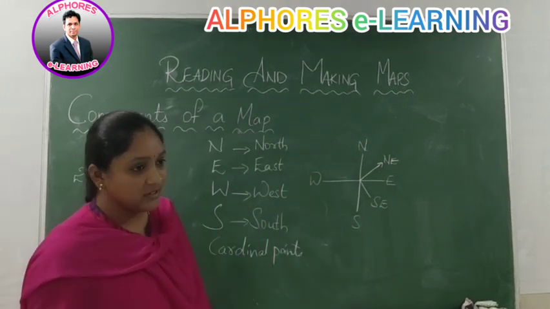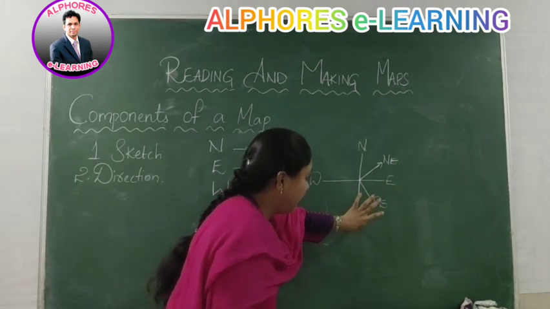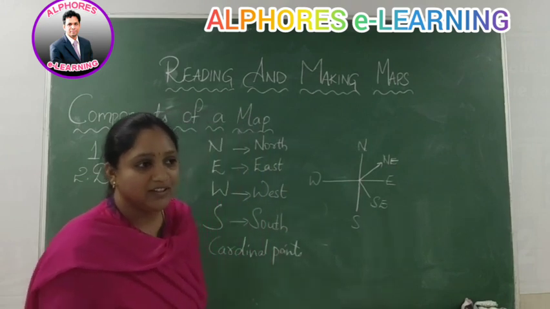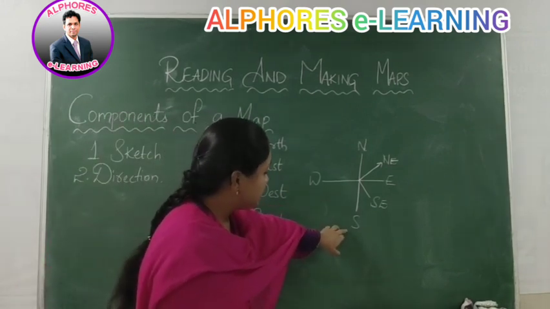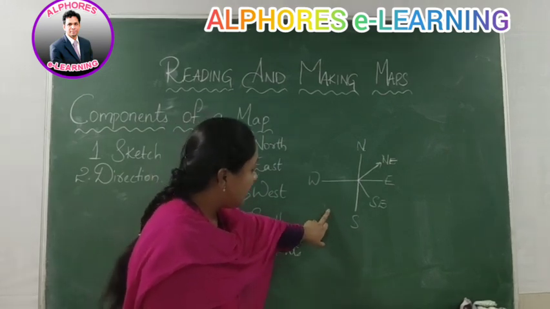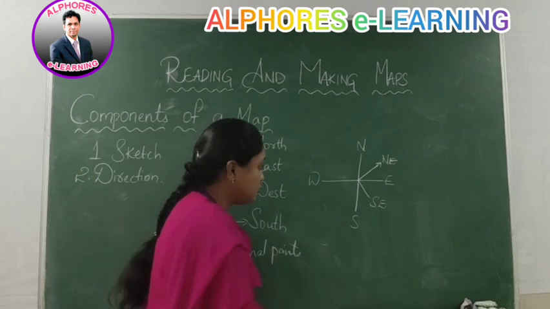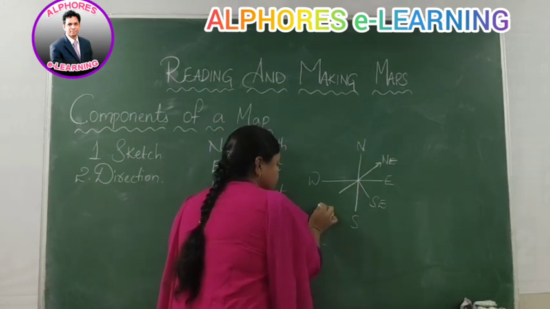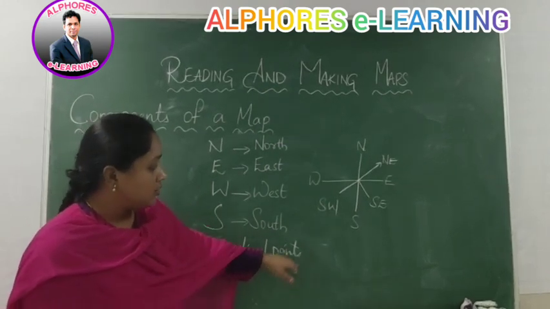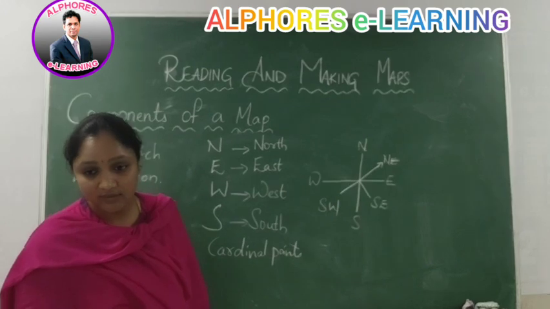Excellent. So when this is south and this is east, obviously the intermediate, the middle line will be the southeast. And when it comes to the line in between the south and the west, there is one more direction with the combination of these two, that is the southwest direction, right? So this is the direction which is said to be southwest.